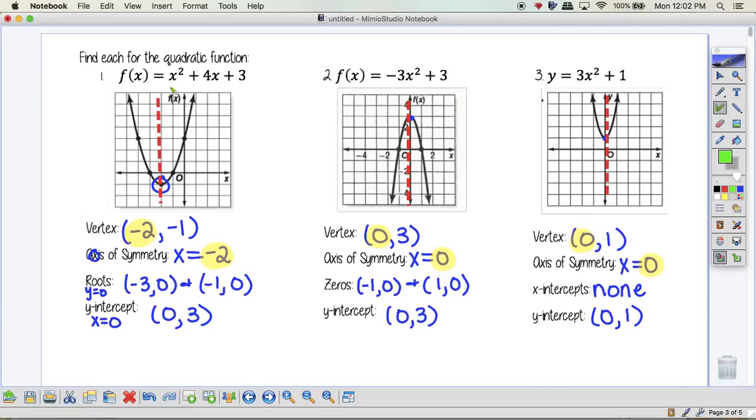Okay? See if you can look at these equations and see if you could tell what would make the graph go upside down. Hopefully you notice that this one has a negative in front, and that one is upside down. So that is something else important to notice. If there is a positive in front of the x squared, it's going to open upwards. If there is a negative in front, it's going to open down.